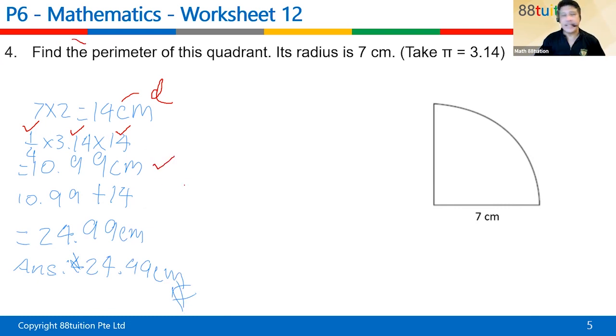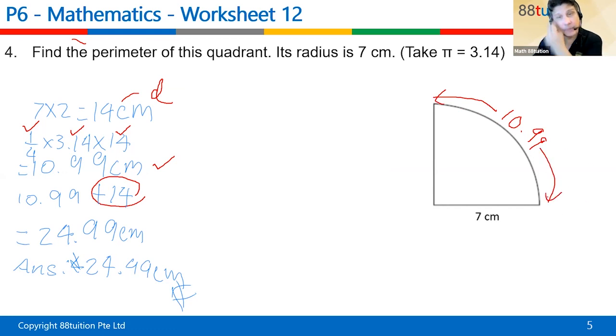And the next thing that she did was she added 14. So children, for those of you who don't know why there's this 14 and where it came from, let's put the numbers in. 10.99 is just a curve. When she did the formula and she got 10.99, it is actually the curve, so it is here only.